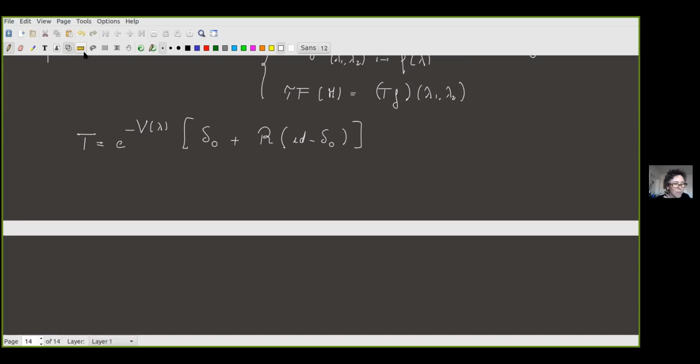Okay, but still, R is very nice. R looks like that. Well, also R may be scary. D, lambda inverse, where lambda is a multiplication operator. So we multiply by lambda 1 minus i lambda 2.